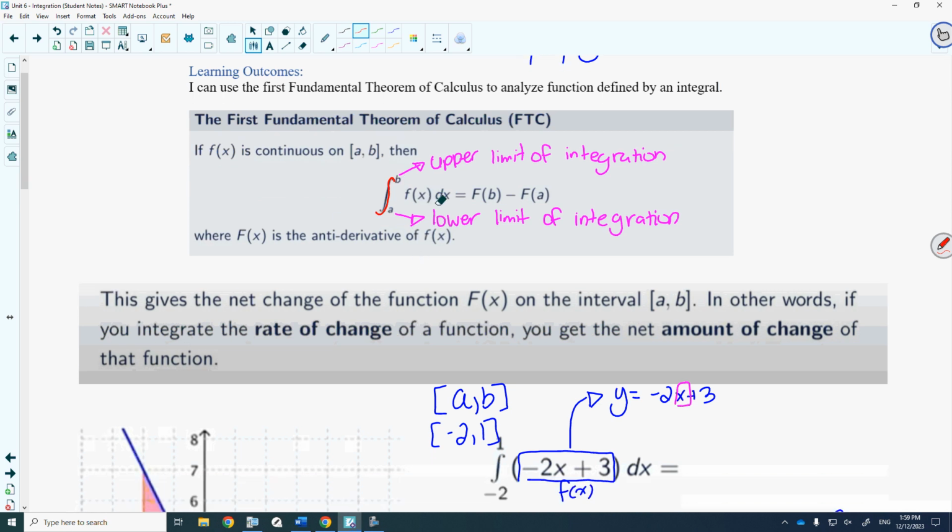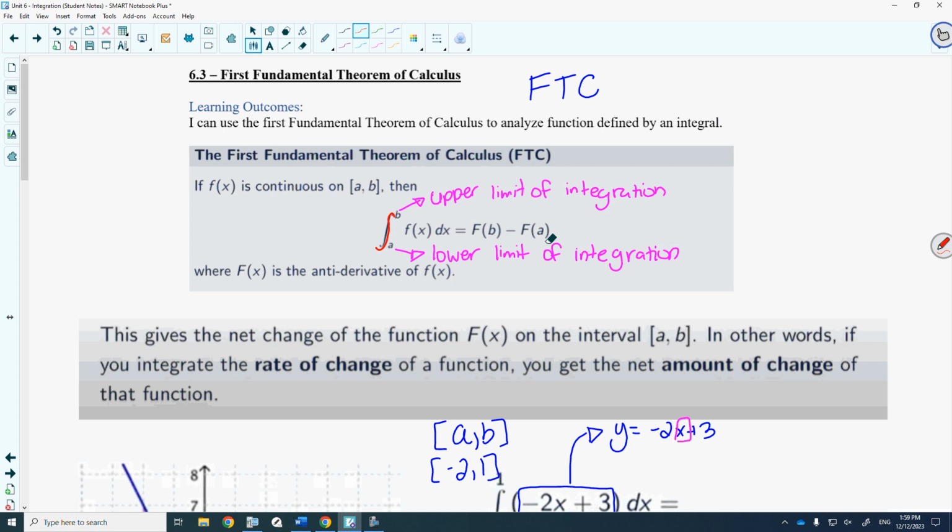And what the fundamental theorem of calculus says is if we are integrating and f of x is continuous on the closed interval from a to b, then it's going to equal f of b minus f of a. Now you need to know what f of b and f of a are. So f of x is our function.